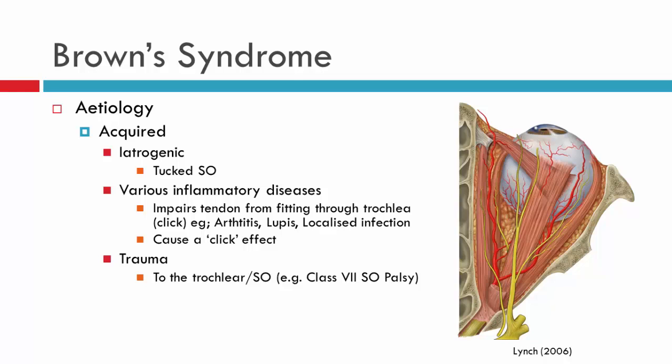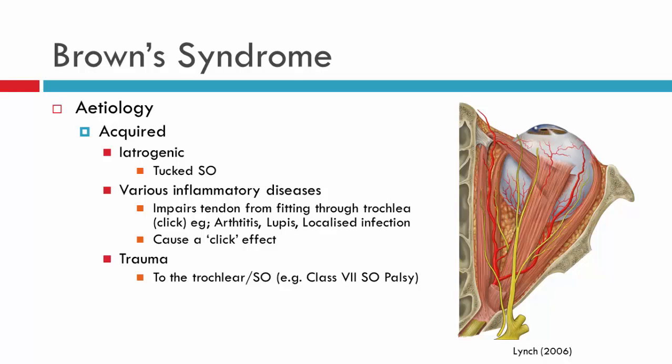In this instance, inflammation often creates a nodule. Let's have a look again here at the image where we have the superior oblique. If we have inflammation and a nodule developed just posterior to the trochlea, the nodule may be too large to pull through the trochlea so that we can get good movement of the eye. This can present issues for elevation in adduction.